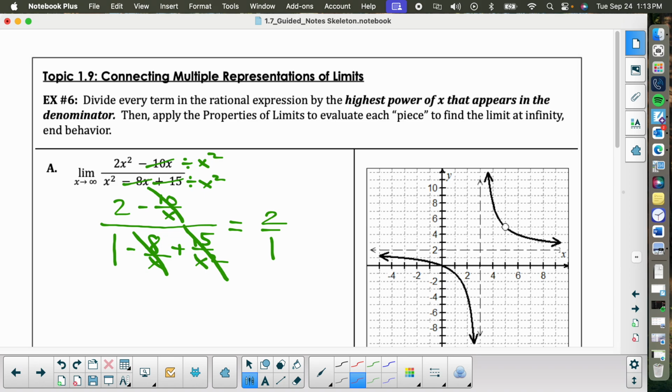I don't like it because it's a lot of extra work. I can do these in my head rather than writing them up. So you see the square, anything that's not square doesn't matter anymore. I see these two have the same power. It's 2 over 1. Most of these, you should be able to find the answer by looking at it. But if you're not a person that can, this is a method that works well.